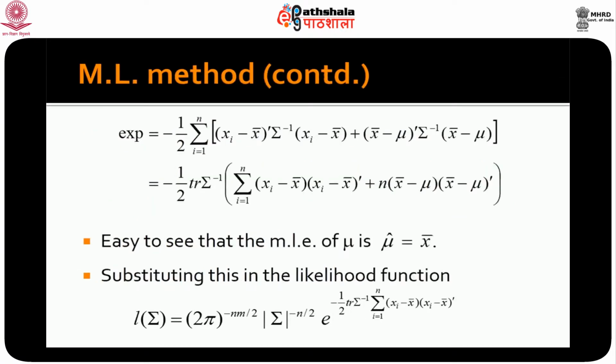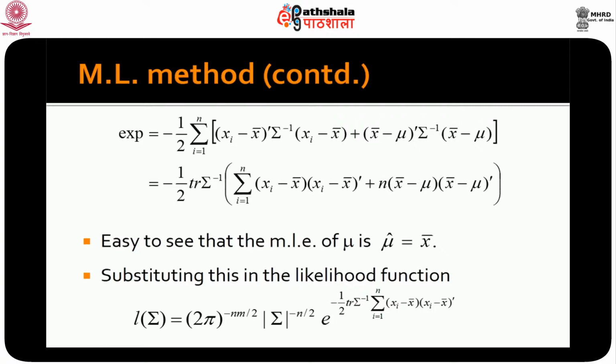And we can break this exponent as minus half summation i equal to 1 to n (xi minus x bar) sigma inverse (xi minus x bar) prime plus n times (x bar minus mu) sigma inverse (x bar minus mu) prime.